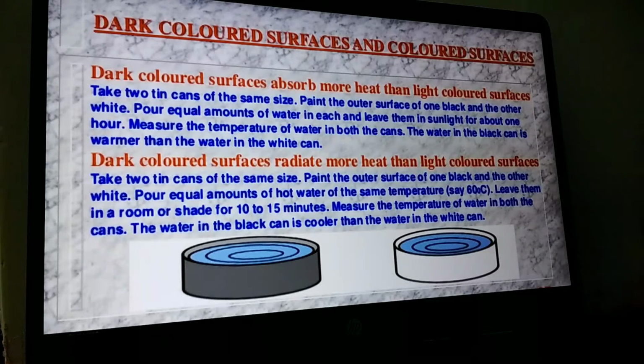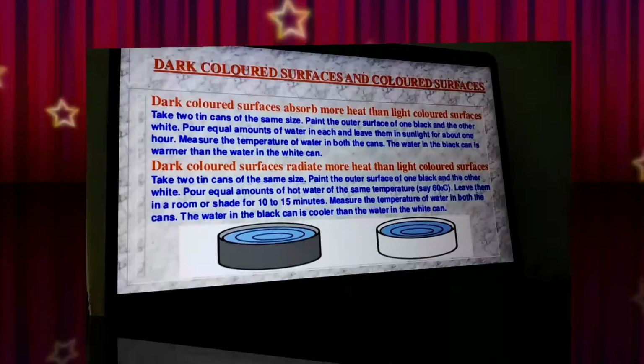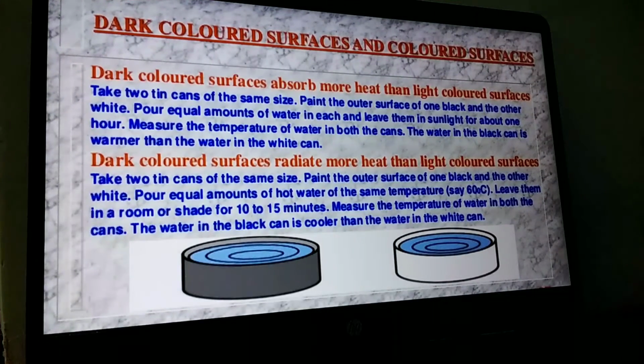That means the reading in the black can of water will be less, and the temperature of the water in the white can will be more. This activity proves that dark colored surfaces radiate more heat. By these two activities, we can conclude that dark objects or surfaces absorb more heat and radiate more heat than the light colored surfaces.